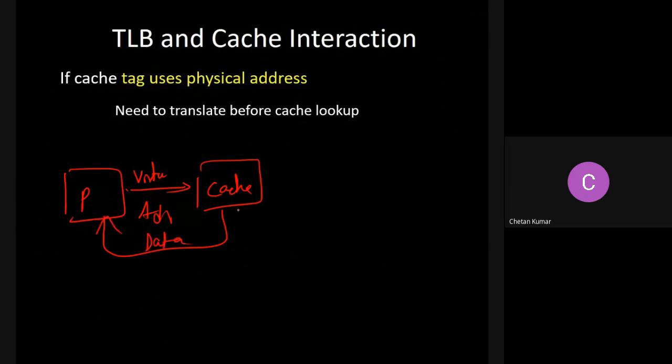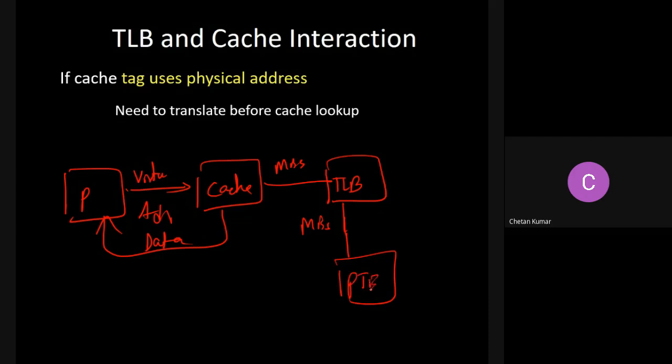This is the best case scenario. If there is a cache miss, the first thing you do is access the TLB. Here there are two possibilities. If there is a TLB miss, you access the page table to get the translation information, and then you access your main memory to get the data, and so on.